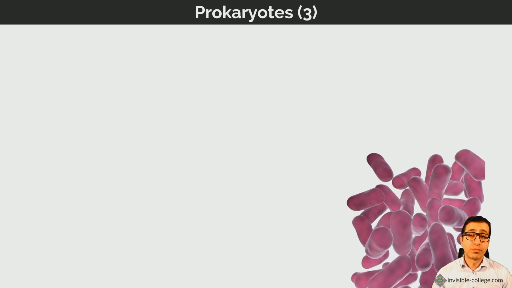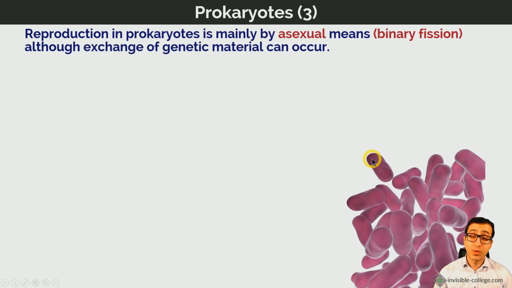Reproduction in prokaryotes, because they are unicellular organisms, happens by asexual means. This does not involve male and female gametes. Basically the cells will divide to produce new cells. This is not the same kind of cell division that you see in eukaryotes, mitosis and meiosis. This is a different kind of cell division called binary fission.